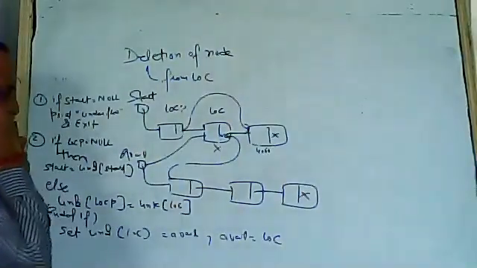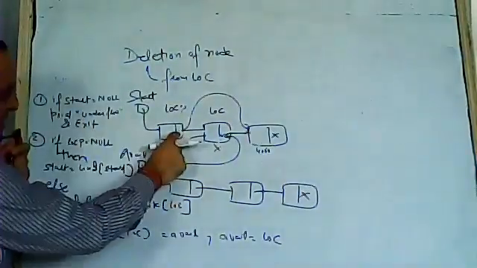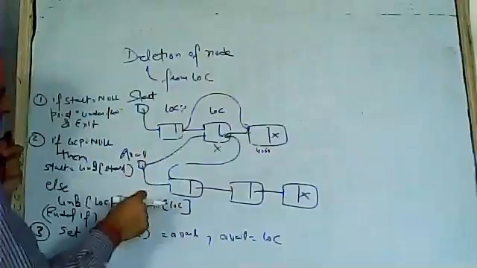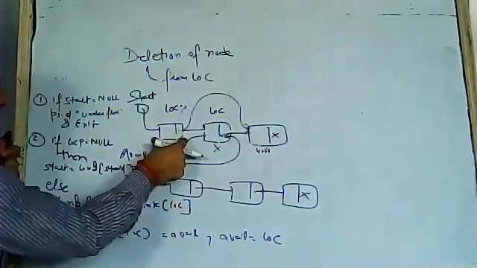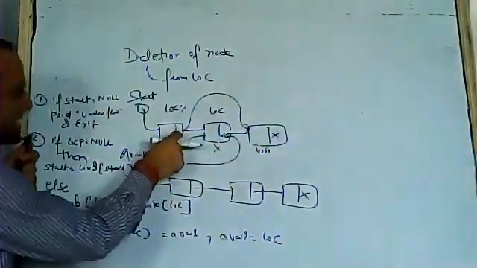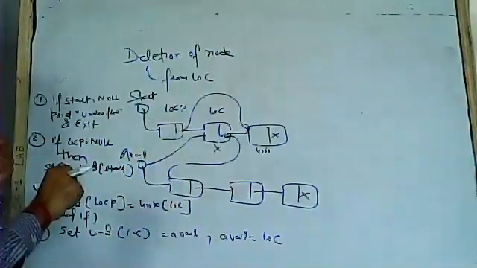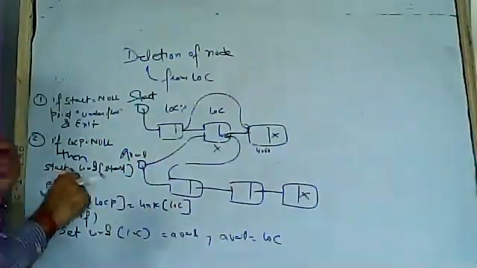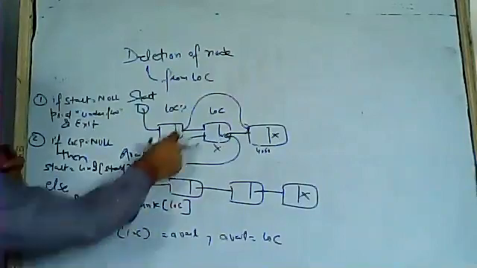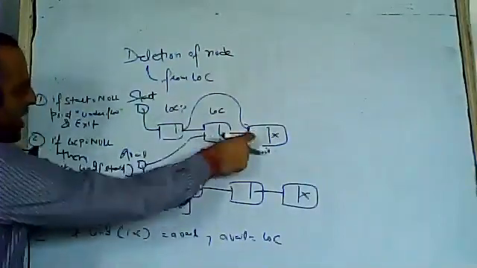Log p is basically the name of the node. This is the pointer, the second part, data and pointer. So this is the log p node. This is the info of log p, and this is link of log p. Link of log p will point to this node, which is link of log.